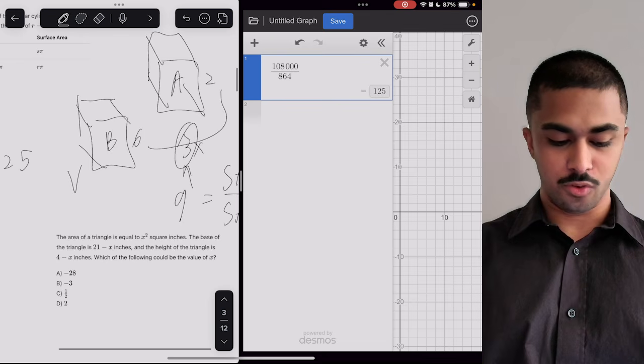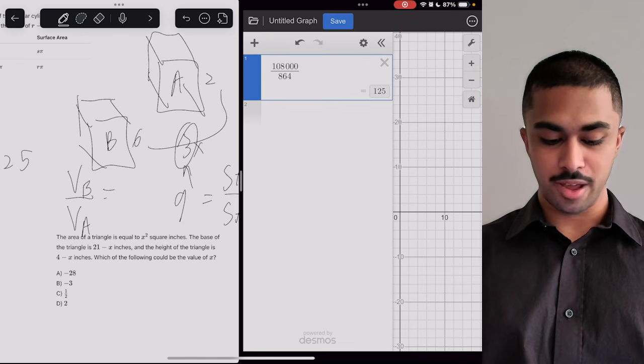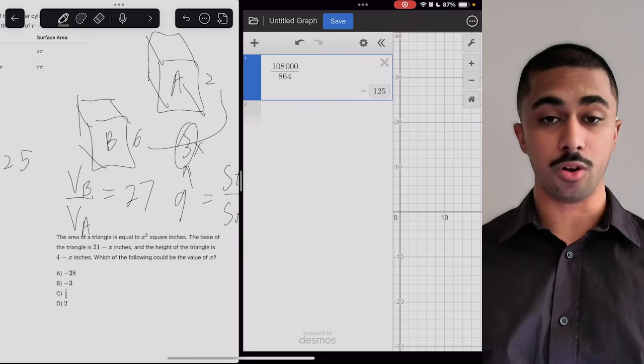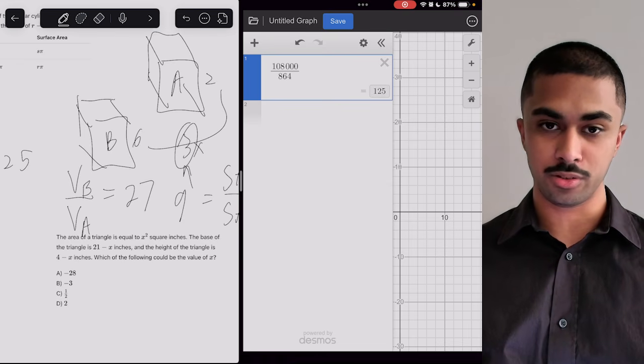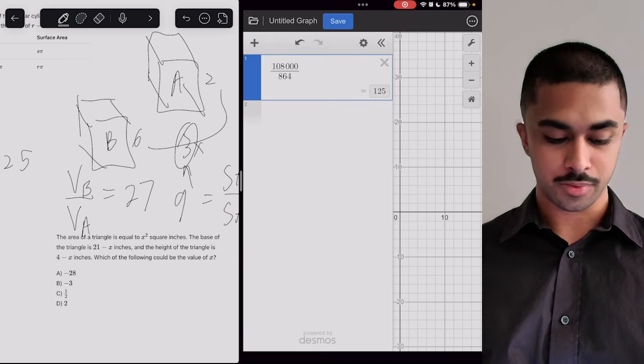Now, the volume of cube B divided by the volume of cube A is going to be 3 cubed, which is 27. So the volume of cube B is 27 times as large, even though the side lengths are only 3 times as large.